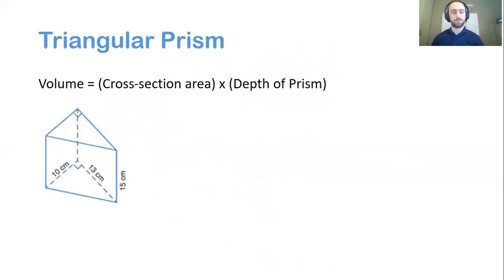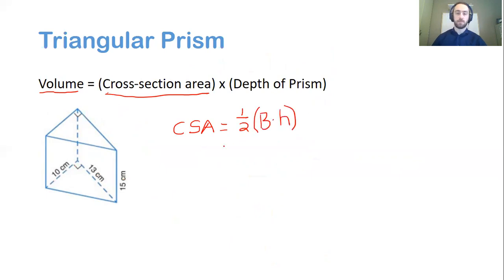Let's try triangular prisms. Again, our formula for volume does not change. Our cross-sectional area, CSA, I'll put, is simply the area of our base. In this case, our base is a triangle, and we know our area for a triangle to be 1/2 base times height. So we have 1/2 base of 10 multiplied by 13, giving us a cross-sectional area of 65 centimeters squared.